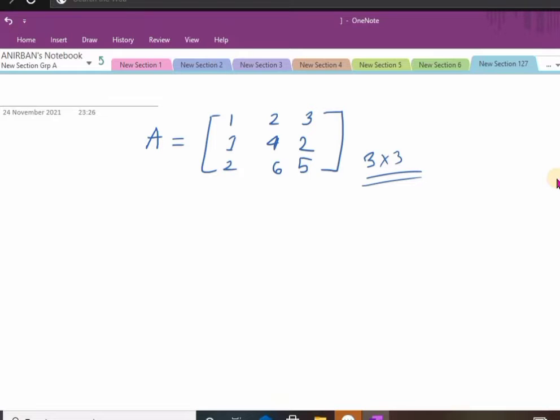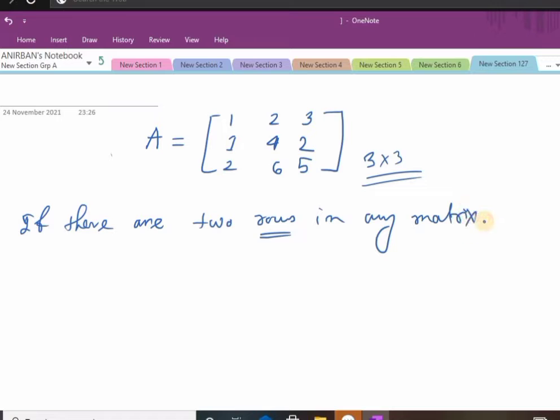And there is another method. You can determine the rank of any matrix with the help of elementary row and column operations. If there are two non-zero rows in any matrix, this will be considered as a matrix of rank 2.